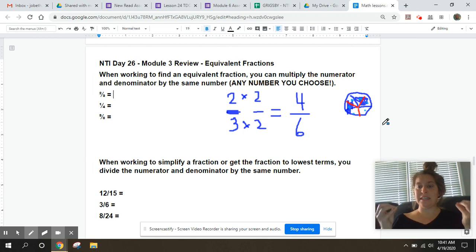So again, that shows that it is equivalent. I know that's not the best picture, but 2/3 and 4/6. Let's say it was a pizza. 2/3 of a pizza, 4/6 of the pizza, exactly the same amounts. Okay. All right, let's keep going.